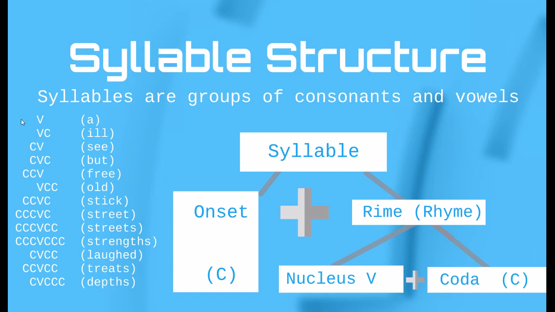So we can have a syllable that's just a vowel, a syllable that's a vowel and a consonant, like the word ill, consonant vowel, like see, consonant vowel consonant, like but, consonant consonant vowel, like free. Now, once again, it's very important to note that we are talking about sound and not spelling. So what you see here is spelling, but we're talking about the sounds, not the spellings.